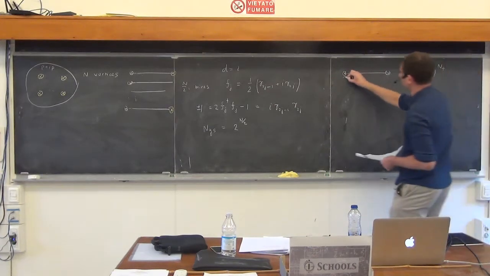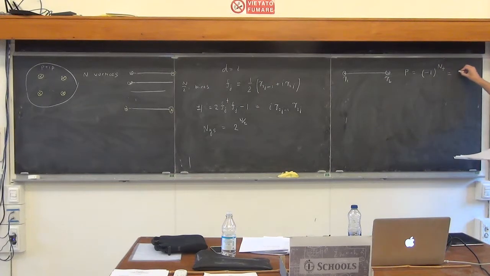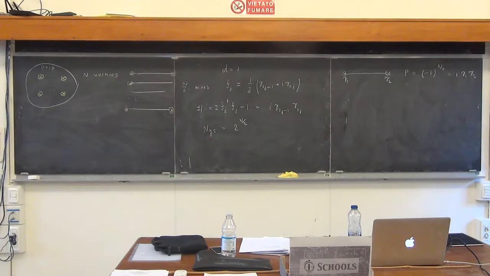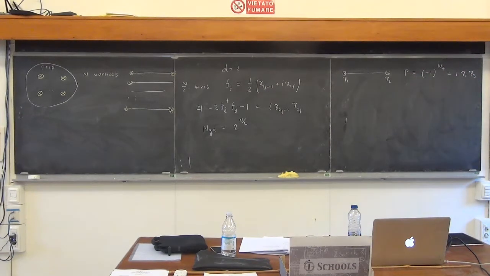Here you have gamma 1 and gamma 2. In the low energy manifold, that's just equal to i gamma 1 gamma 2. Every state can be labeled by its fermion parity. And the claim is that if you're in the topological phase, these two states are actually degenerate. They have the same energy up to an exponentially small correction in the system size.